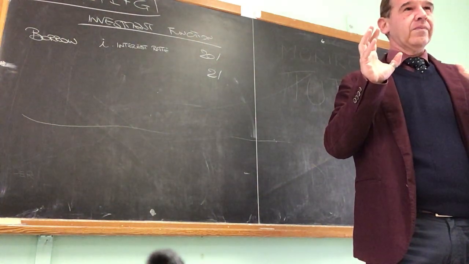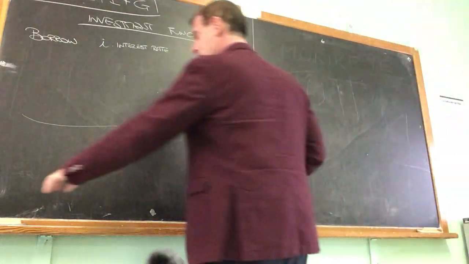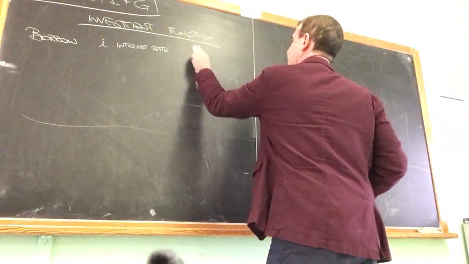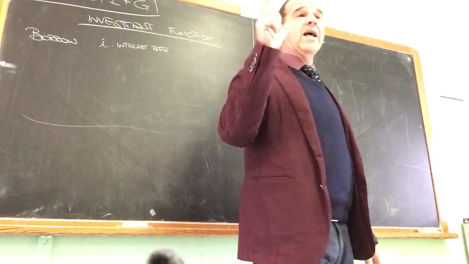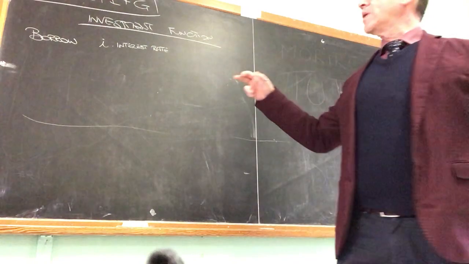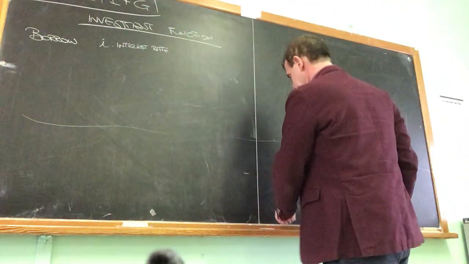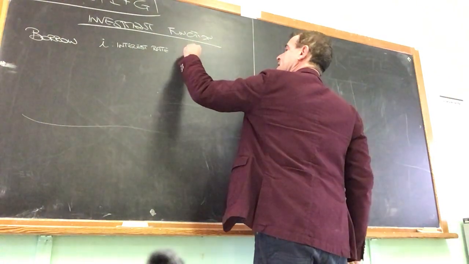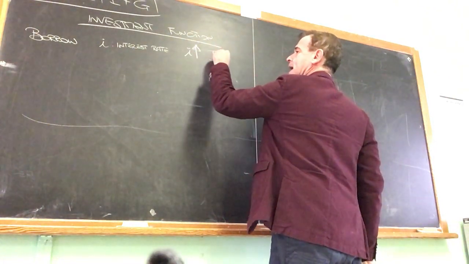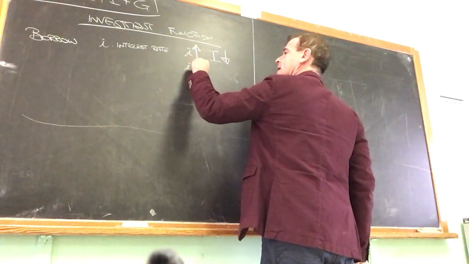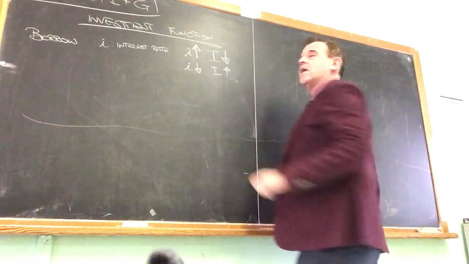Is it clear for everybody? Okay, so we have an inverse proportionality between interest rate and investment. If the interest rate is high, investments go down. If the interest rate is low, investment increases.